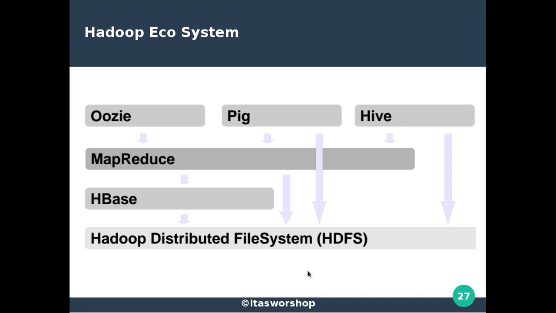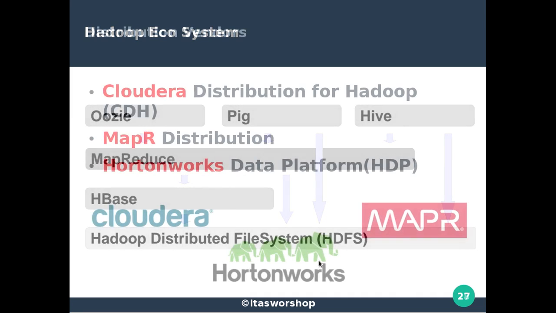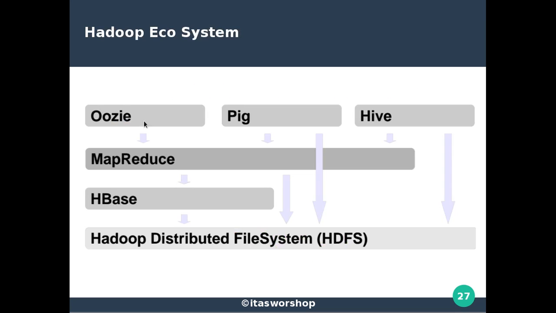So this is how your architecture is looking now. This can be considered a typical example. There are other projects also, but this will give you a good idea for using the Hadoop ecosystem in your existing architecture.